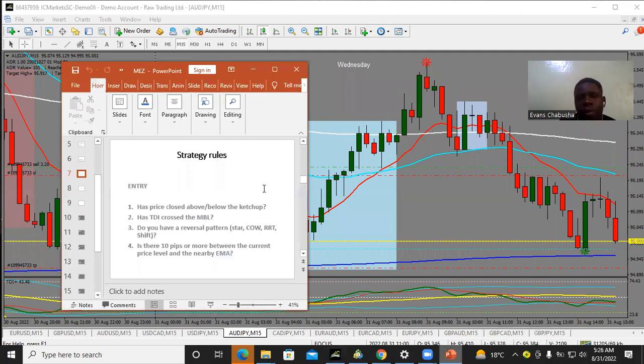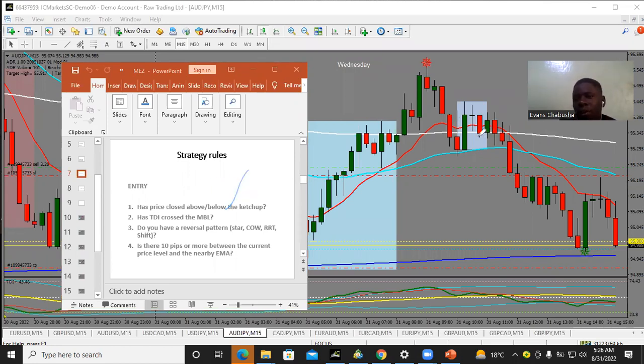So what we do, that one hasn't been met. Okay, so you will not enter here, because the entry criteria hasn't been met. So you wait until the entry criteria is met.